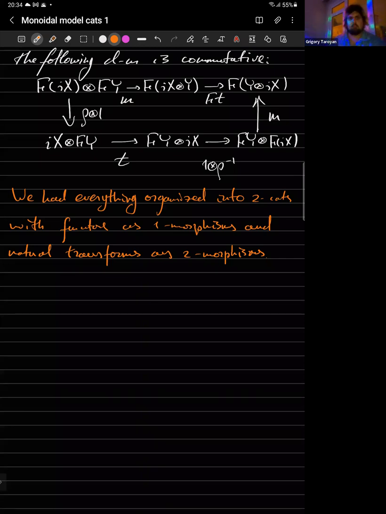So this is the reason why we're shifting gears now, and now we will talk about adjunctions between monoidal categories and about closed monoidal categories. So the definition of closed monoidal categories comes naturally when we consider adjunctions. But let me not get ahead of myself. I will first describe what is even an adjunction between monoidal categories.